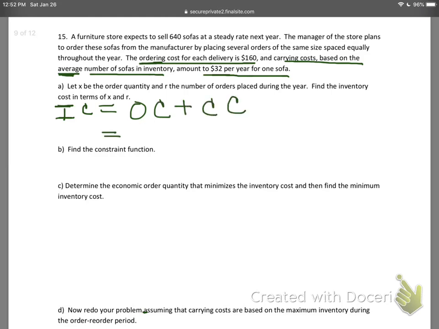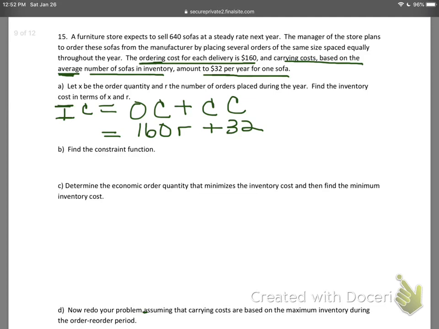All right, so what do I know? Ordering cost is $160 per delivery. So 160, and the delivery means the number of orders, so times R. Plus carrying cost is $32 per year for one sofa, and it's based on the average number.